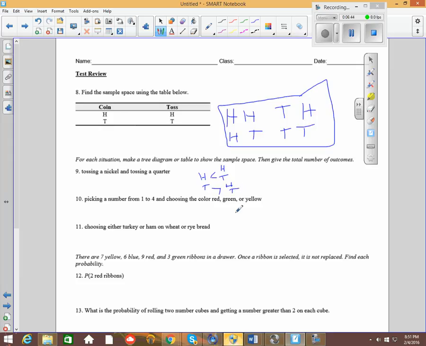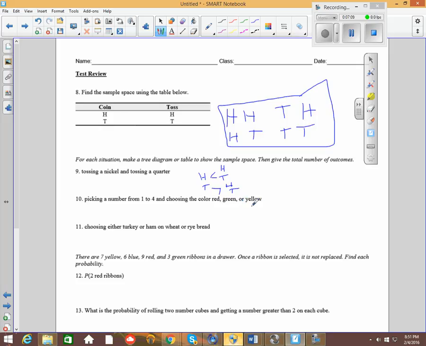Okay. Now, number 10. Picking a number from 1 to 4, then choosing the color red or green. Okay, so we want to make a tree diagram, 1 to 4. So I just made a list. You can make a list or a table. So what I'm going to start, and you can finish it.